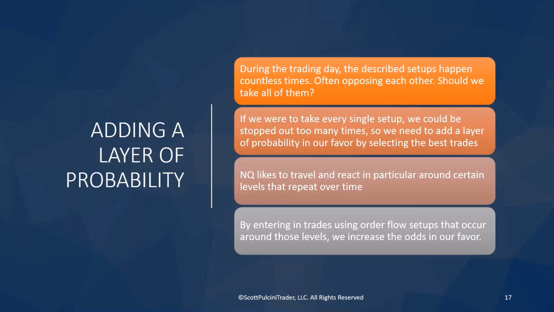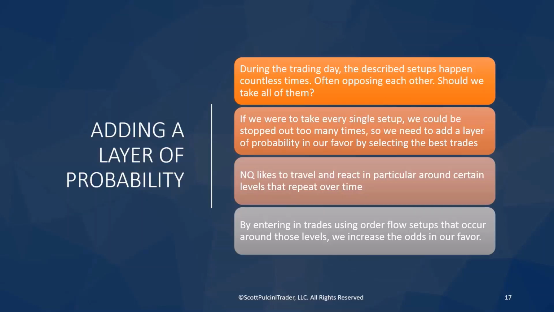So you don't have to take every single one of them, because if you were to take every single setup, then you might end up being stopped out way too many times. So we need to have some more probability in our favor by selecting the best trades, in the best places, in the best setups.